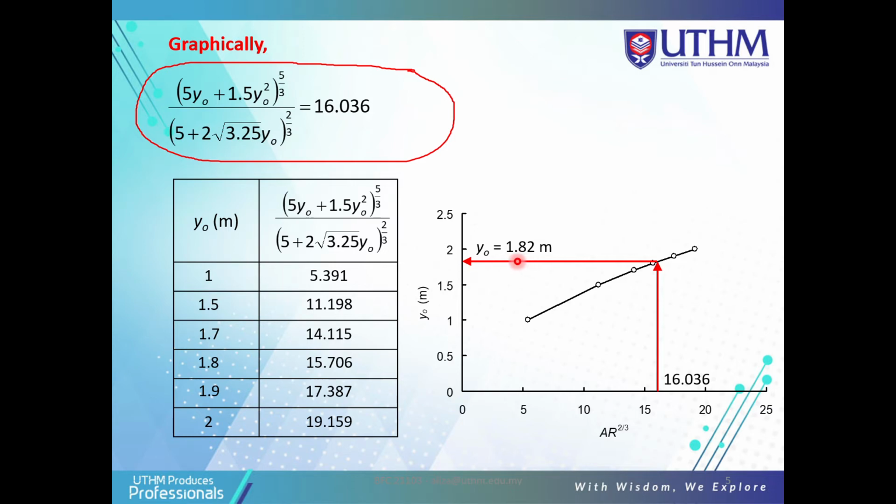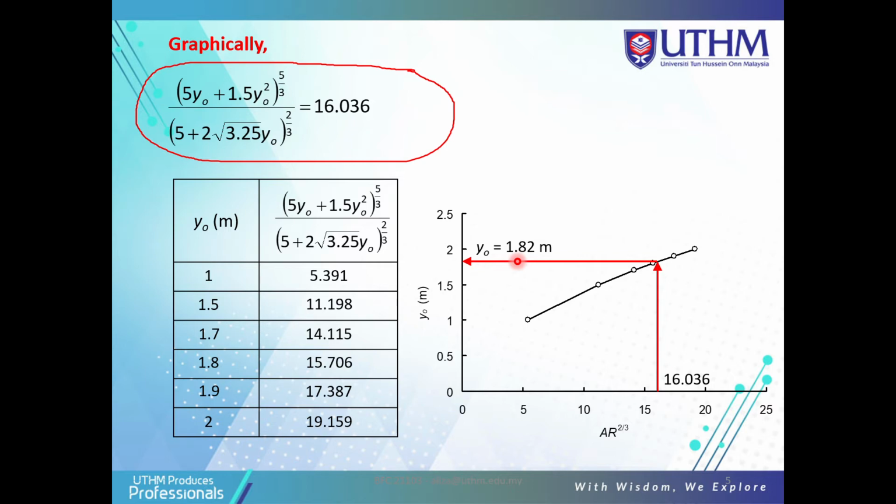Okay, so in your test or in your final, it will mention for you to get the normal depth, whether you use the trial and error, graphical method, or the chart method.